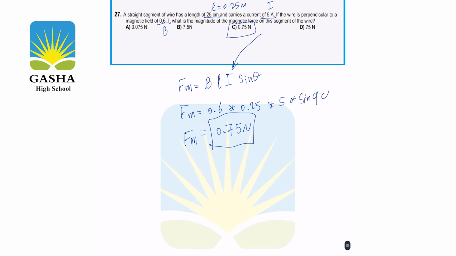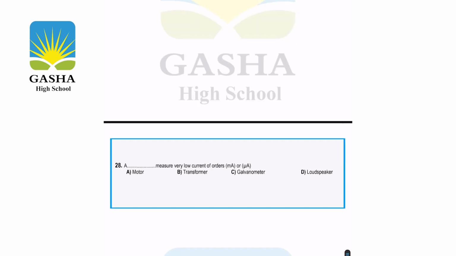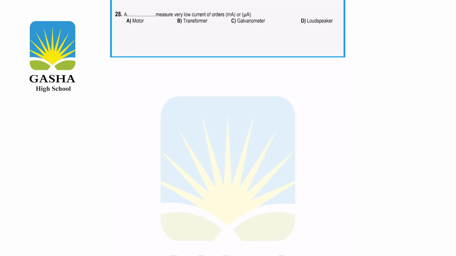Okay, let's move on to question 28. We have some devices: motor, transformer, galvanometer, and loudspeaker. Which one of them measures a very low current of the order of milliampere and microampere? We already know the motor converts electrical energy into mechanical energy.